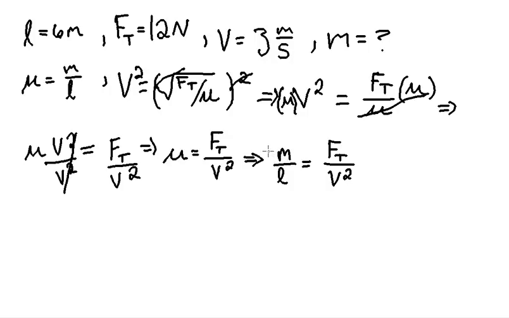So if I want to know what the mass is, I have to get rid of this divided by length. Multiply that on both sides. And that's the final algebraic step. The mass of the string is going to be equal to the product of the force of tension multiplied by the length of the string, and that product is divided by the square of the velocity.